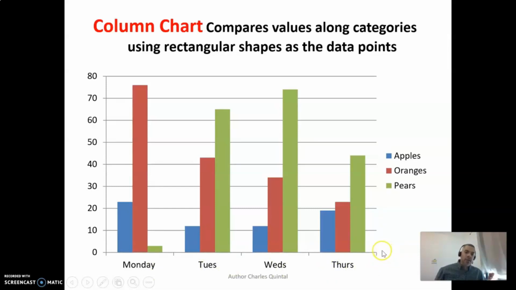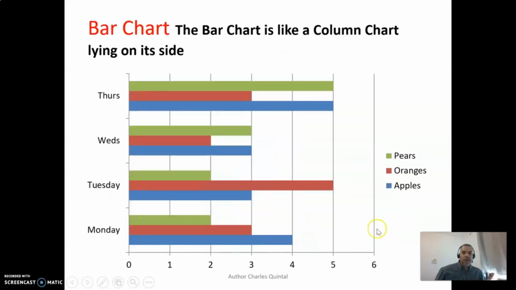So we can also use the line chart as well. But I'm just showing you how the column chart will work. And this is your bar chart. It's like a column chart, but it's on its side. So sometimes, like I said before, it's user preference, how you want this to look, it's up to you whether you choose a bar or a column. You're not going to get penalized either way.